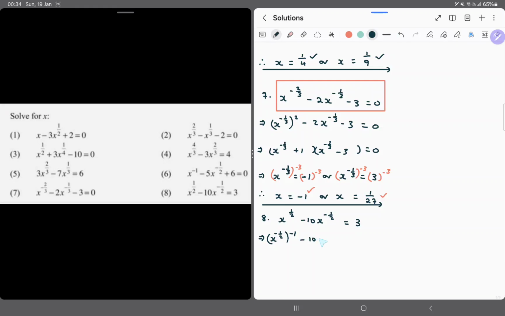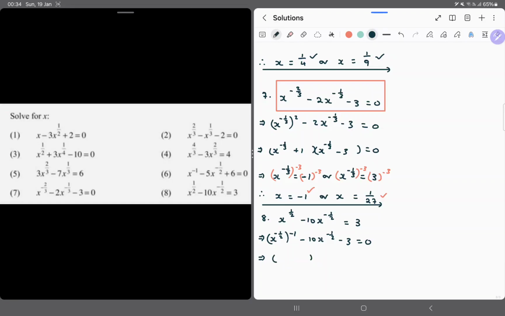So this is minus 10x to the minus a half minus 3 is equal to 0. So we know that minus 2 halves is going to be minus 1. So that works out nicely. That was a bit tricky.